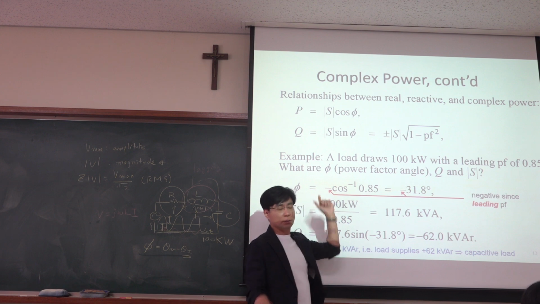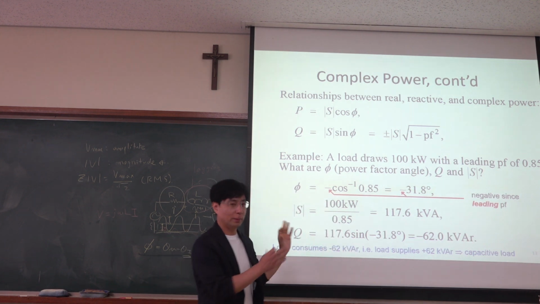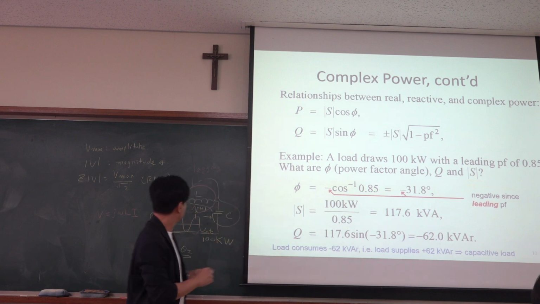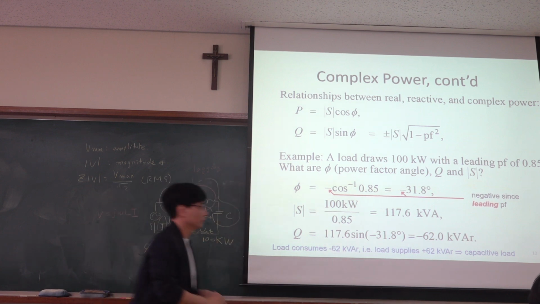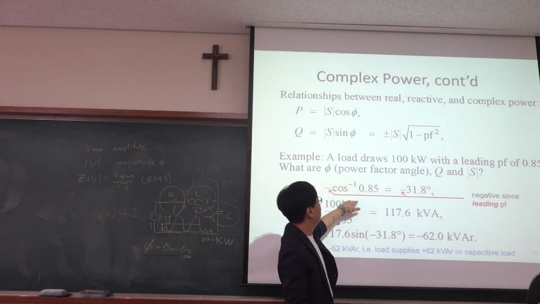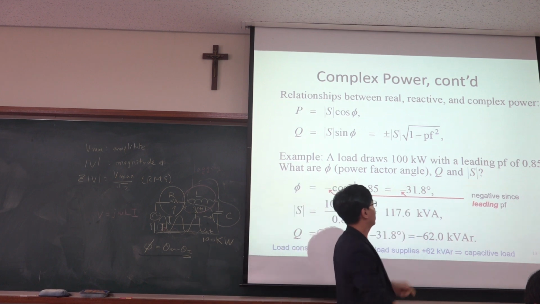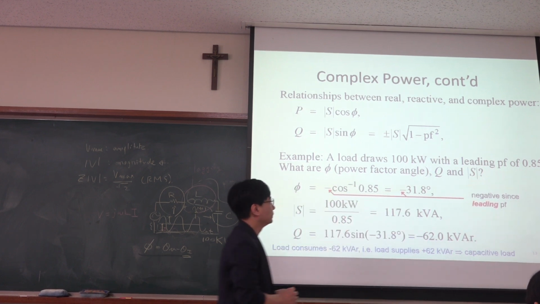Just memorize it. You can try to understand it, but just memorize it. So lagging coil, this positive stuff. So arc cosine 0.85 and put a minus sign here. So the angle is minus 31.8 degrees.